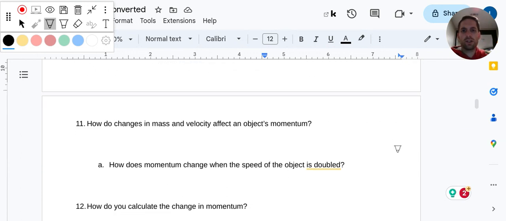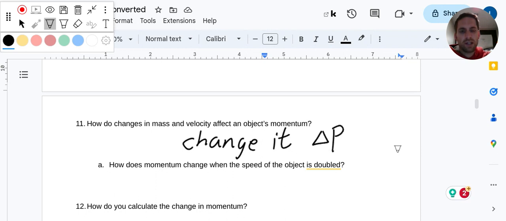So changes in mass and velocity affect an object's momentum. Well, they will change it because they're part of the formula. So if we change the mass or we change the velocity, that will change the momentum. We get something, the change in momentum.